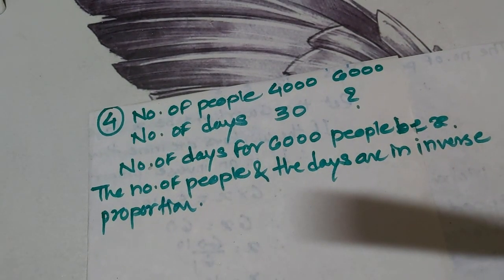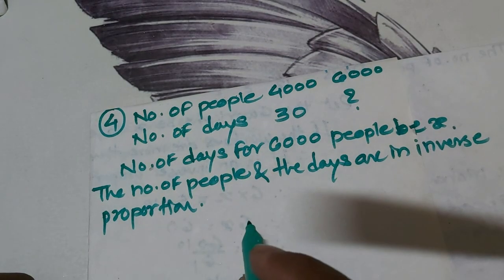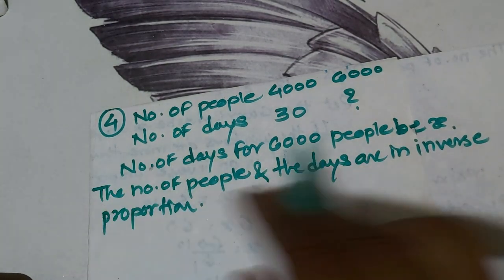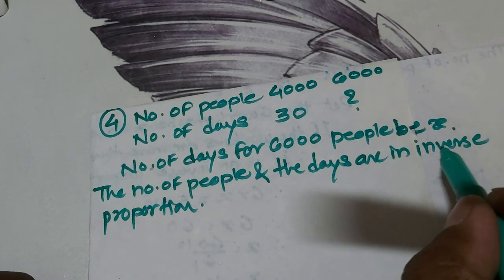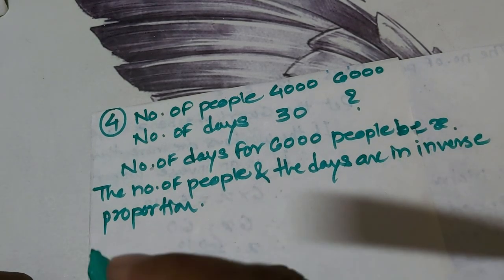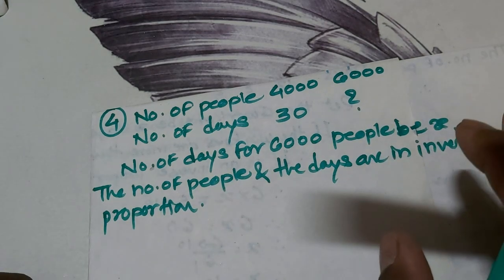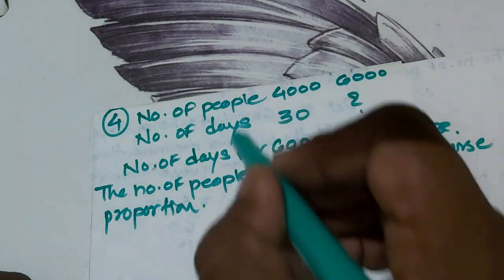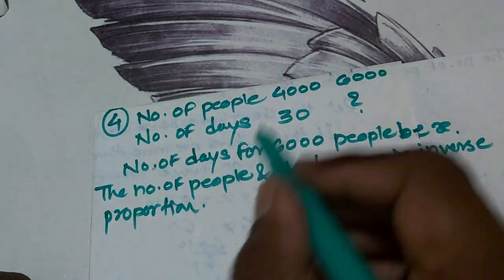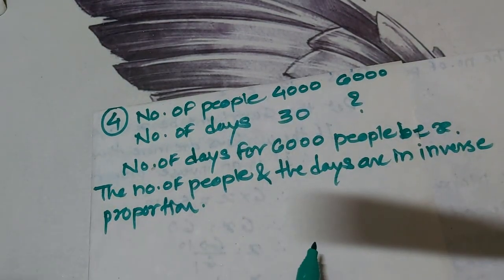Here you can make your own sentence, only you have to write inverse proportion. This is the example of inverse proportion. But whatever the given things, means people, days, these things we have to mention here.